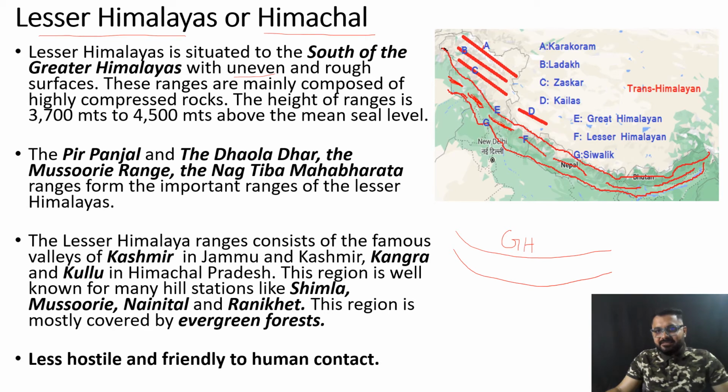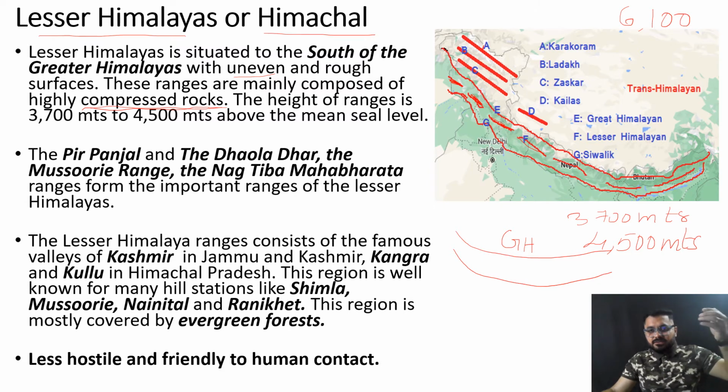They have rough surfaces and are uneven, and they are mainly composed of highly compressed rock. You'll find most of these Himalayas have highly compressed rocks. Talking about the height, children, the height ranges from 3,700 meters to 4,500 meters. If you observe, children, talking about the Greater Himalayas, the average elevation was 6,100.